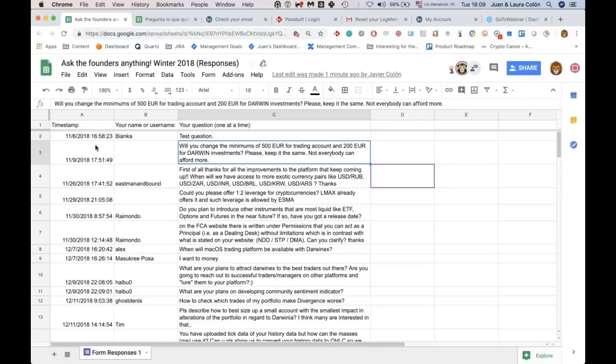It is true, though, that we are FCA regulated and therefore bound by the ESMA regulation. And this means that it has become trickier to trade with the minimum contract sizes we have at the moment with just a €500 account. So for now, this means no changes short term.